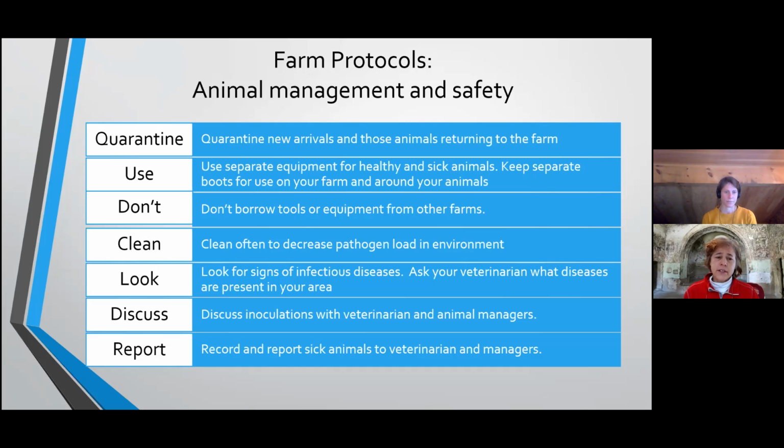Following that, discuss inoculations to vaccinate your animals against certain pathogens. Your farm might be different than a farm in the next county. When you do find a sick animal, record it, write down and measure some things about it, and report it to your veterinarian and anyone else who's working with the animals.